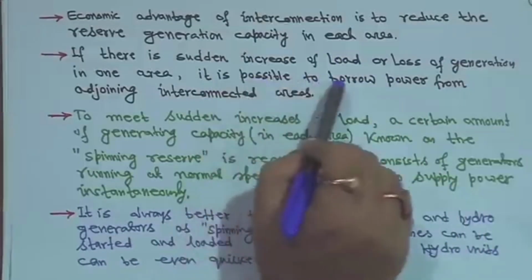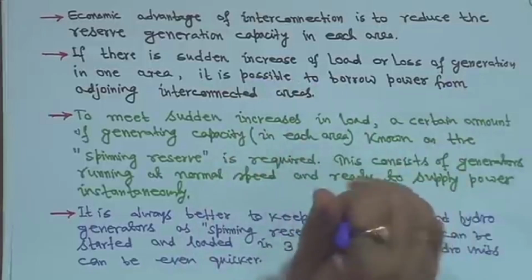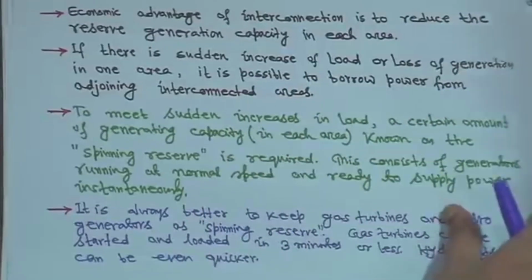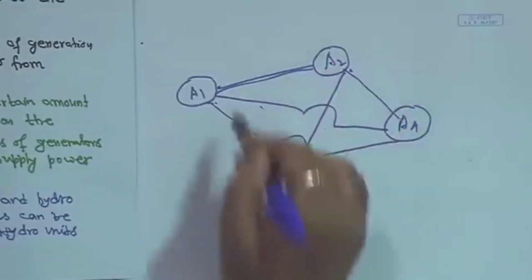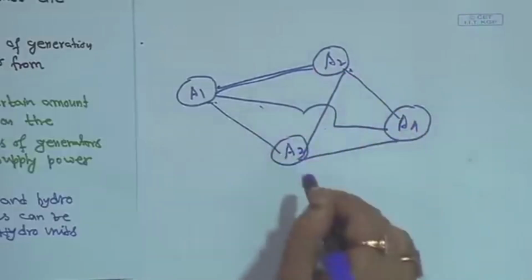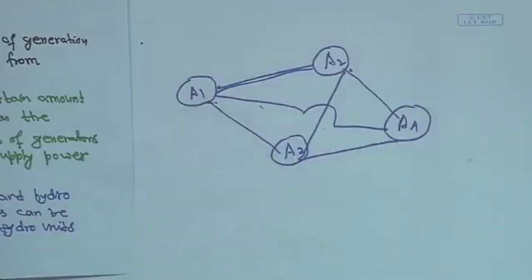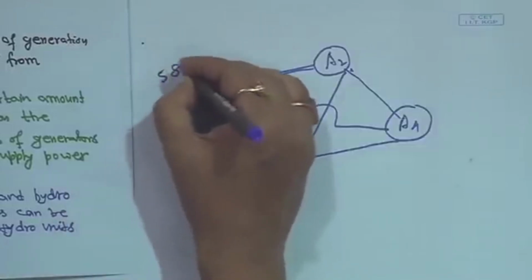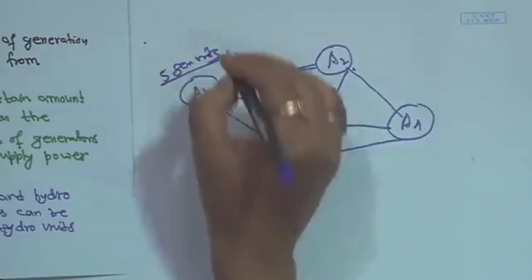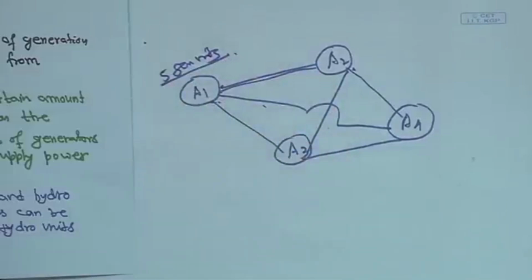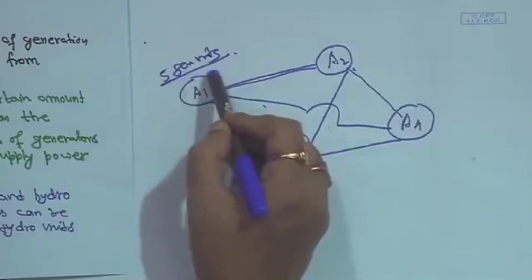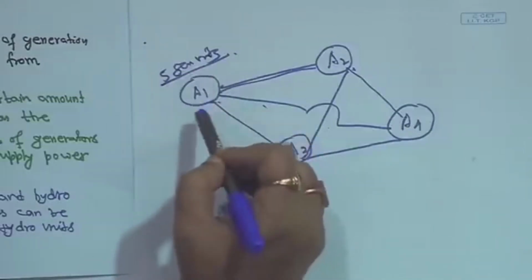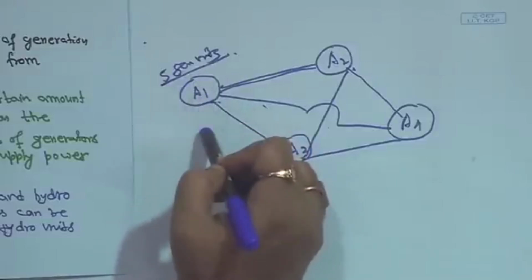Now if there is a sudden increase in load or loss of generation in one area, it is possible to borrow power from adjoining interconnected areas. I told you that if load has increased, it can borrow power from these 3 power systems. Or suppose, for example, you have 5 generating units, and one of the generating units suddenly stops, that is, loss of generation. So 4 units are there, generation will be much less and load will be more.